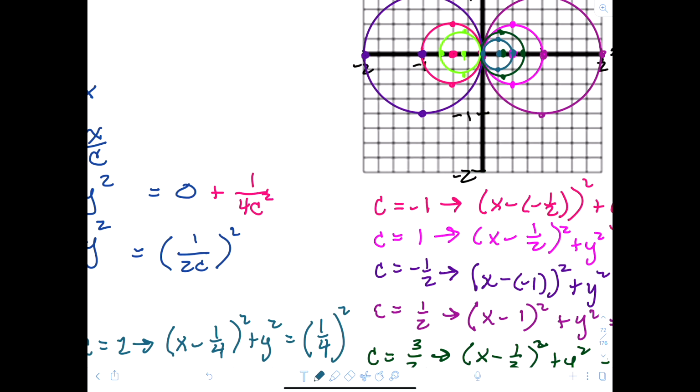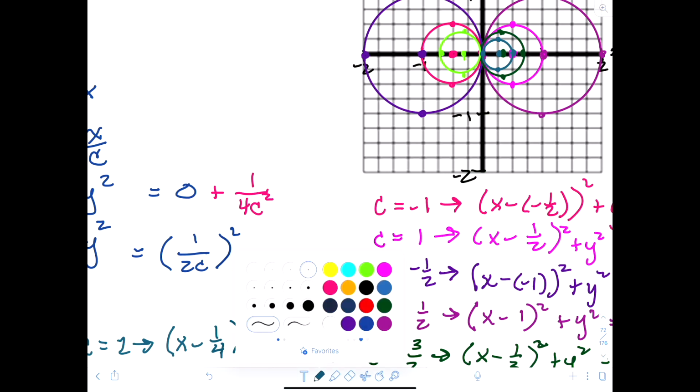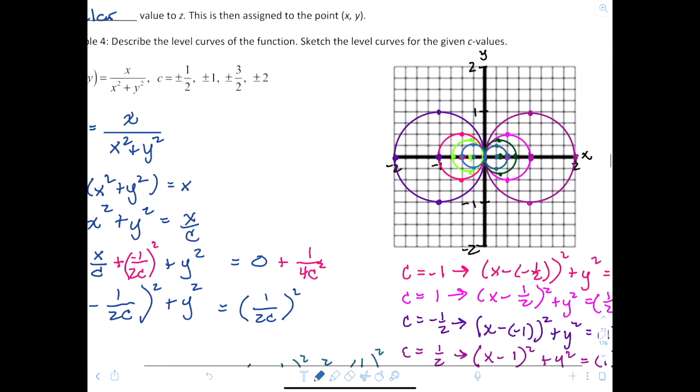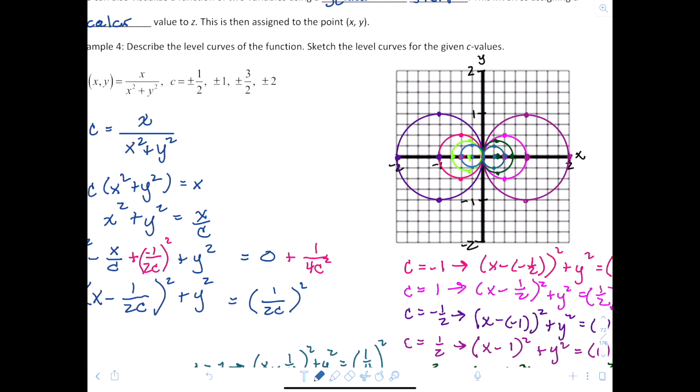And then on the other side, we would have that. Pretty cool, huh? So those are the level curves, right?